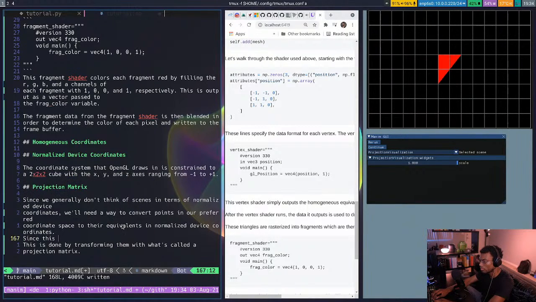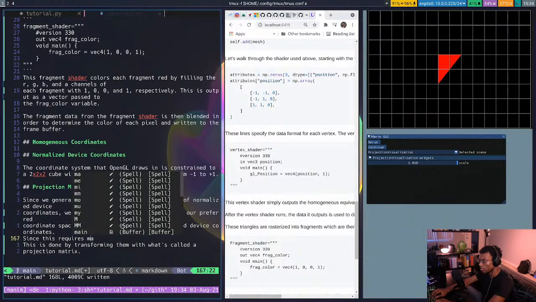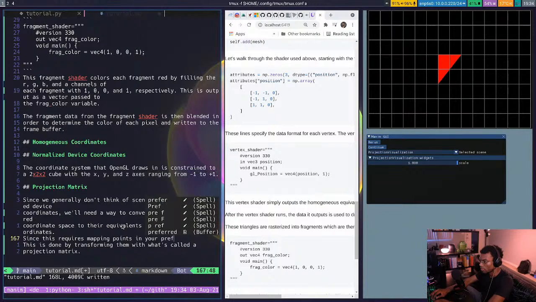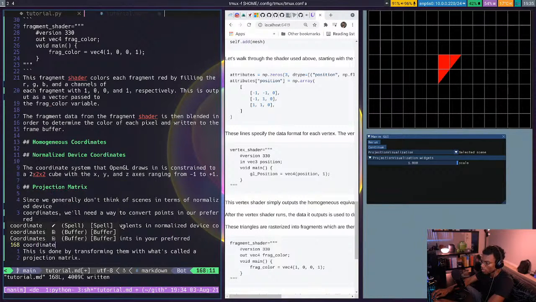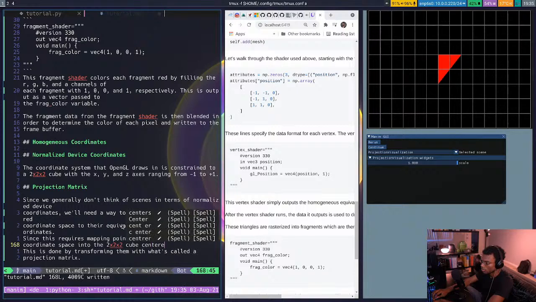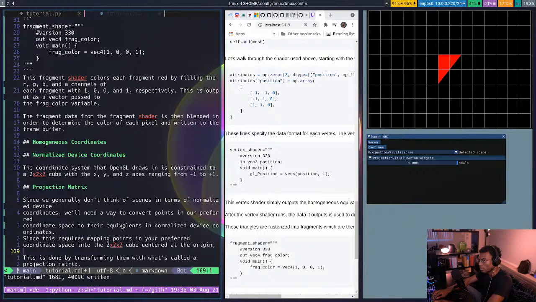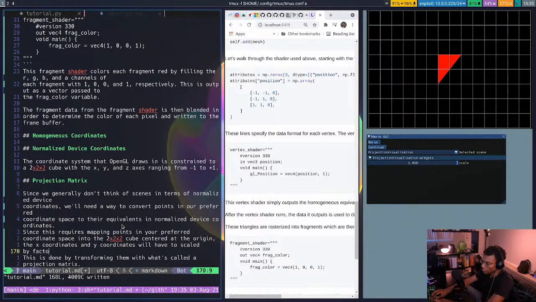Should say something like, since this requires mapping points in your preferred coordinate space into a 2 by 2 by 2 cube at the origin, the x coordinates and y coordinates are to be scaled by factors of, and what would the scale factor be? 2 divided by x, where x is the width of your coordinate space.